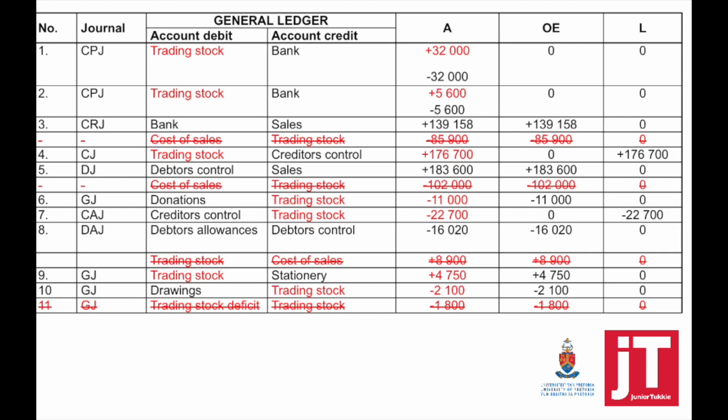Every single time when stock was purchased cash or on credit, we would have shown it in our trading stock account. Now, the trading stock account will be replaced by the purchase account. If we needed to pay for transport in getting that trading stock from the suppliers to us, it means that trading stock will now be replaced by carriage on purchase.